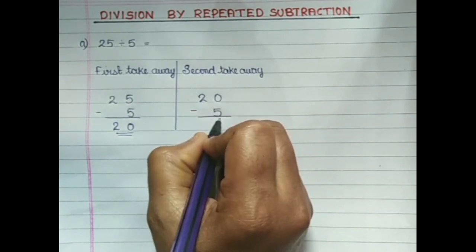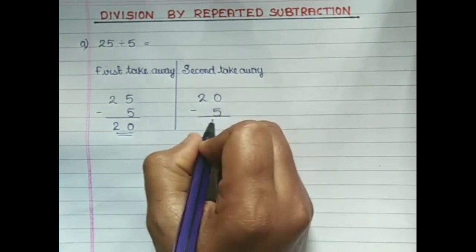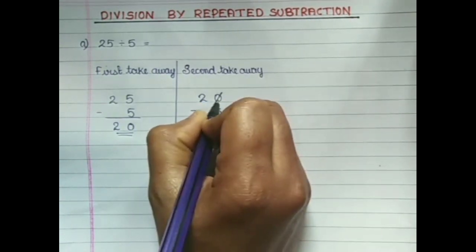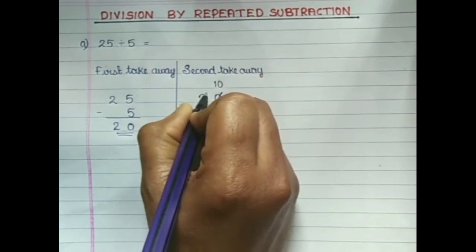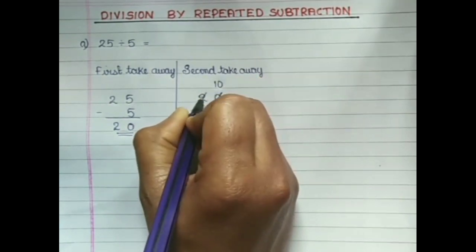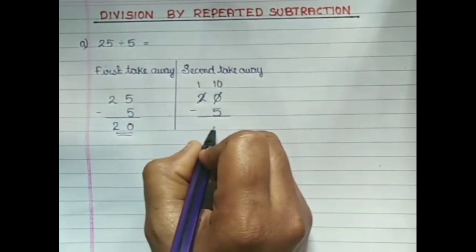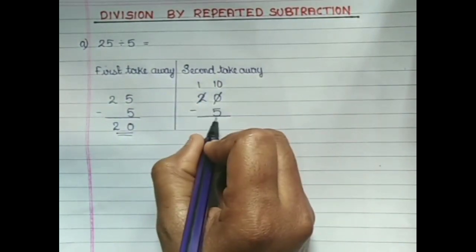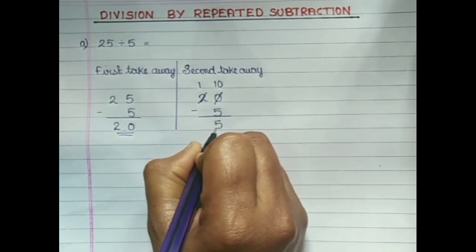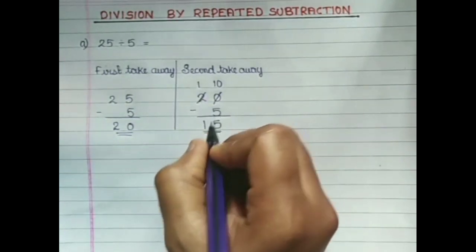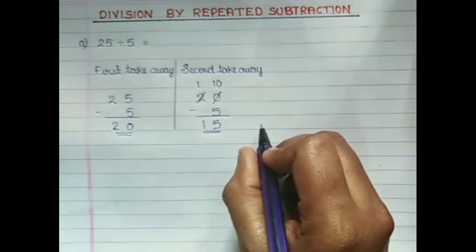It is not possible to subtract a bigger number from a smaller number. So we use the method of borrowing. Here we strike 0 and write 10. Since 1 is borrowed from the number 2, the number 2 is reduced to 1. Now subtract 10 minus 5. 10 minus 5, the answer is 5. Then we can write it down. So 20 minus 5, the answer is 15.